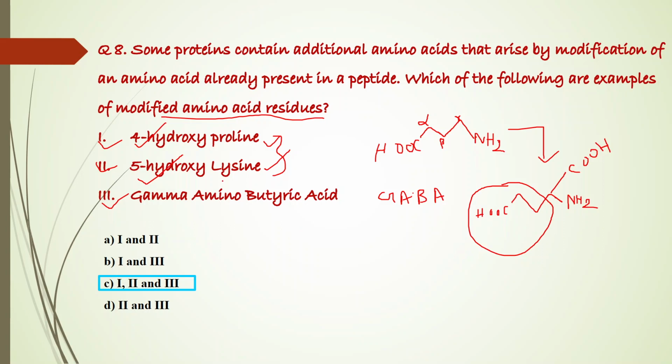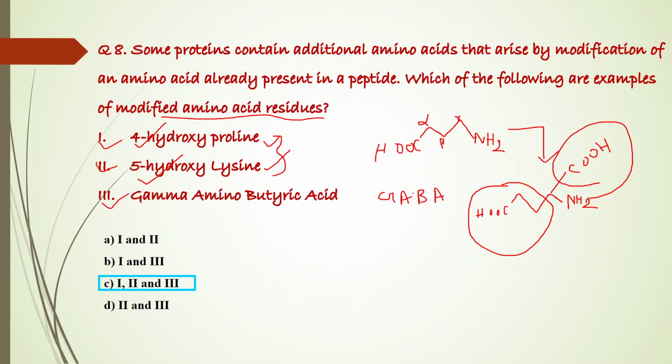So GABA or gamma aminobutyric acid is actually a modification of glutamic acid. There is an enzyme called glutamate decarboxylase. From the name you can already guess that decarboxylation means you are eliminating the COOH group.